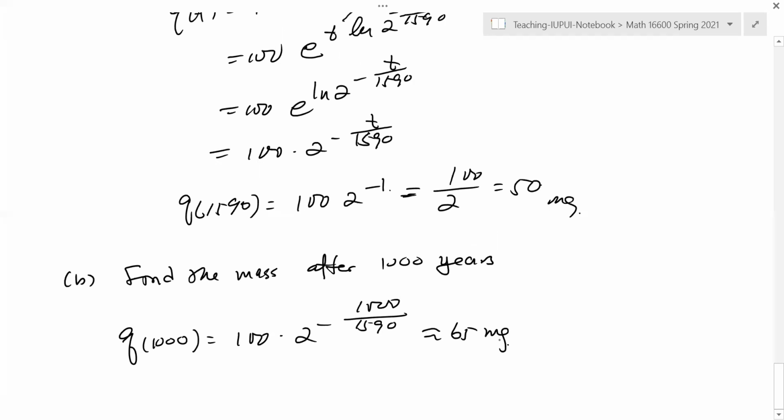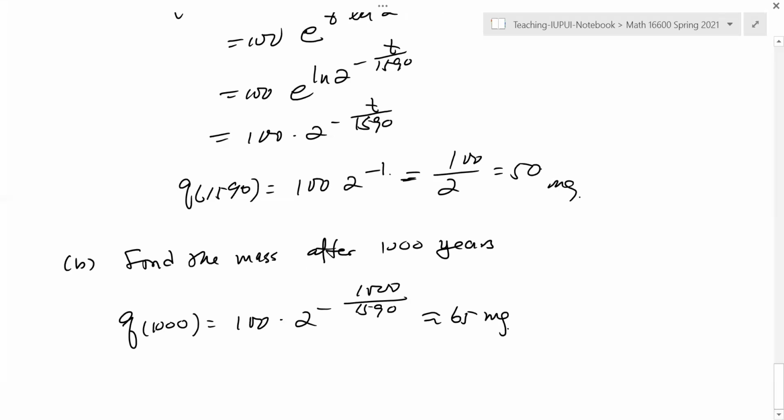Of course, it's more than half, because otherwise the half-life would be smaller than 1,000. The half-life actually is 1,590 years. So before you reach that time, the quantity is still bigger than 50 mg.